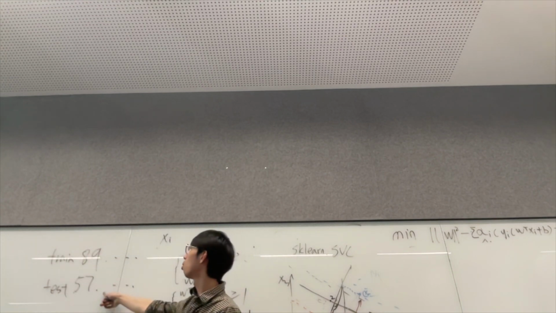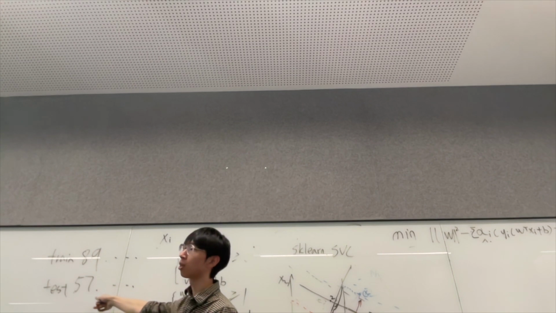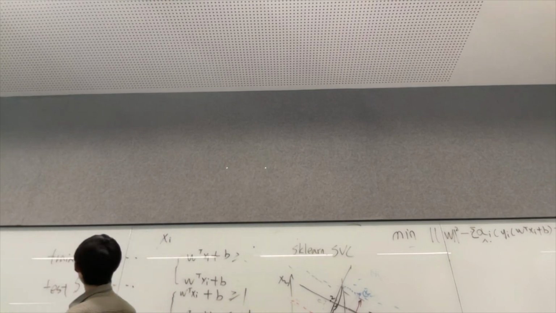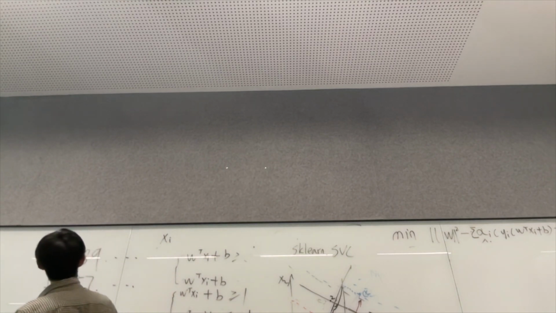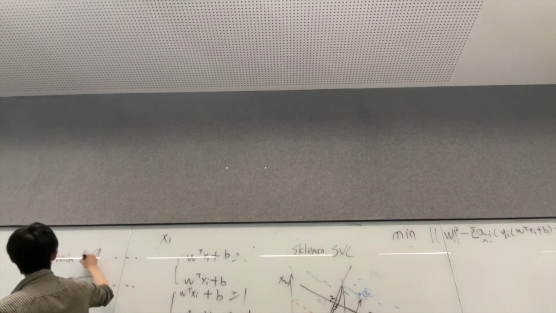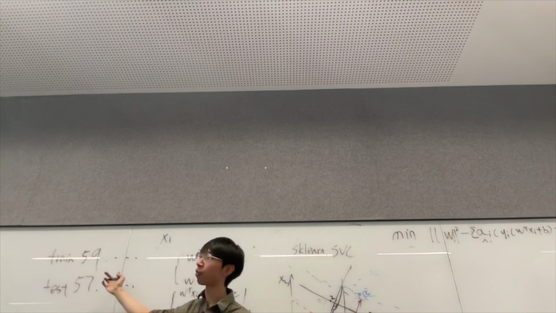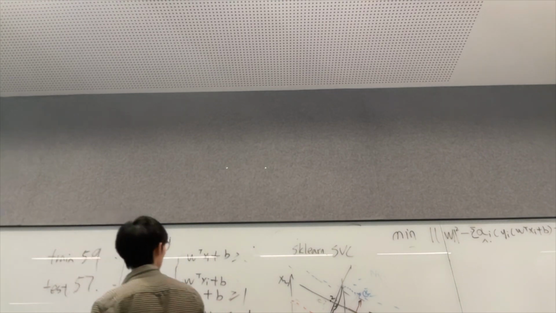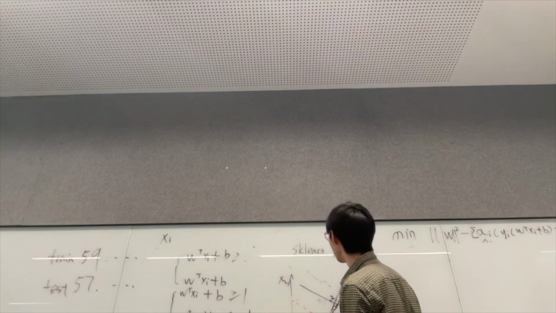What's the terminology for this scenario? Overfitting. Yeah, we call it overfitting. How about something like this? What's the scenario for this? Underfitting, right? You have to recognize this so you can tune your hyperparameters.